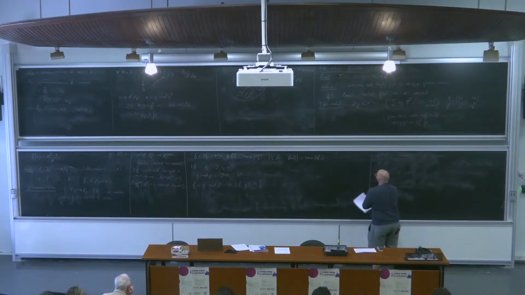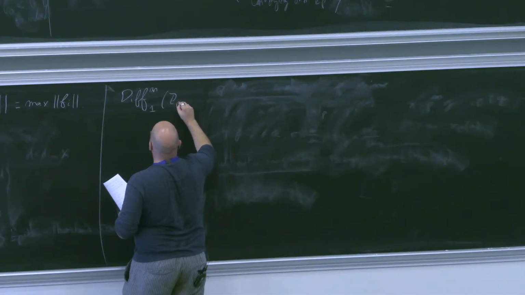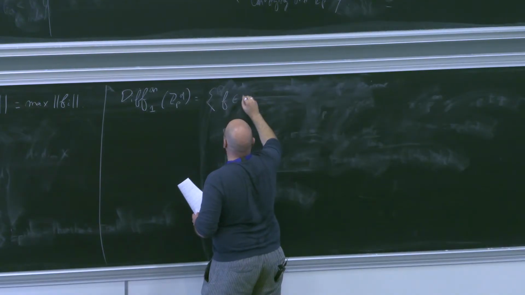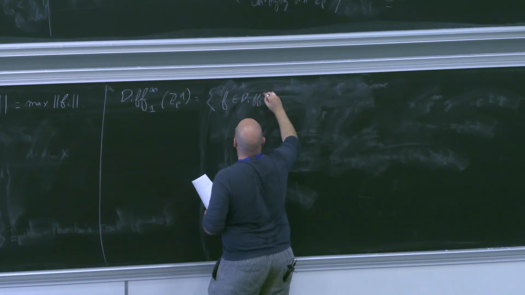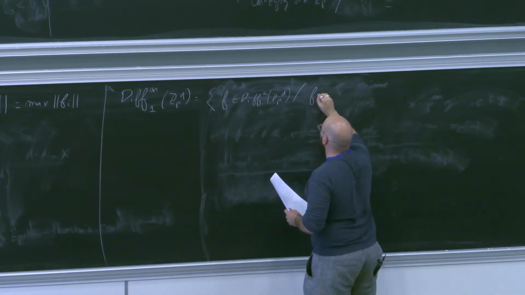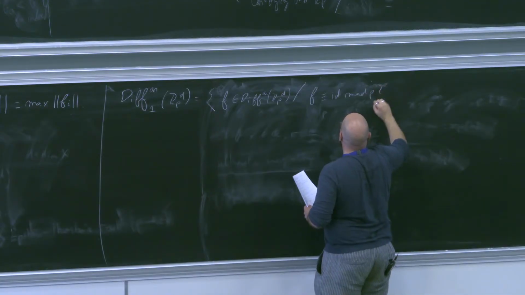So in particular, I can define this subgroup. I can look at Diff_1 of Zp^d, which is the set of diffeomorphisms such that f is congruent to the identity modulo p.